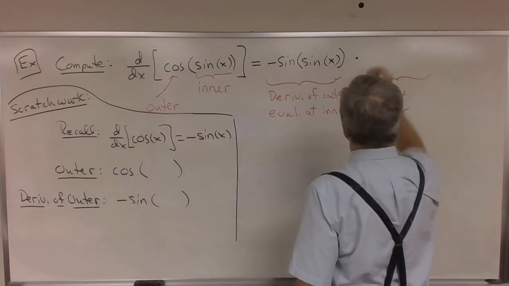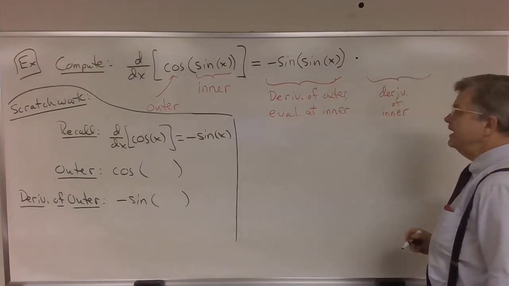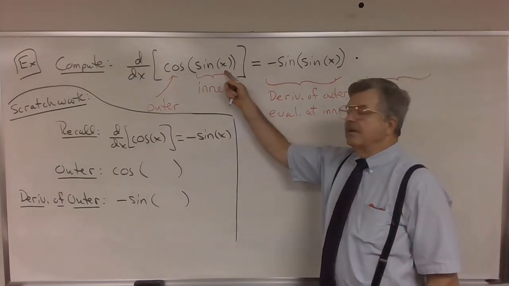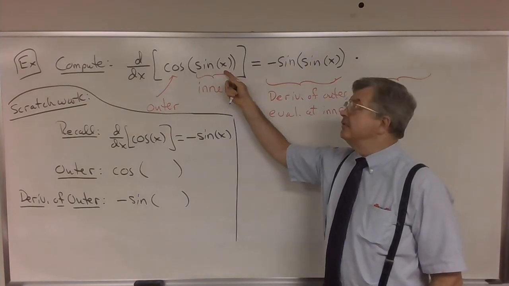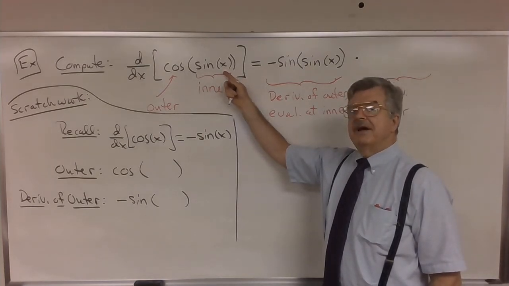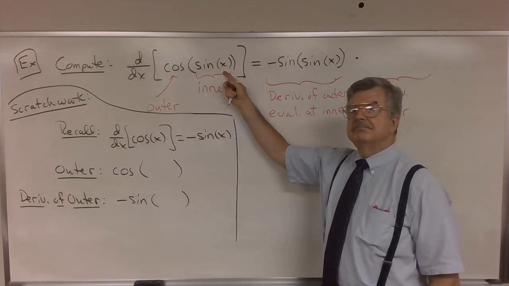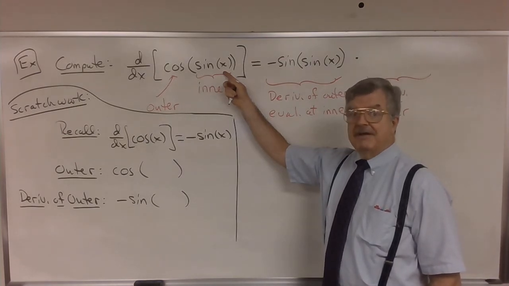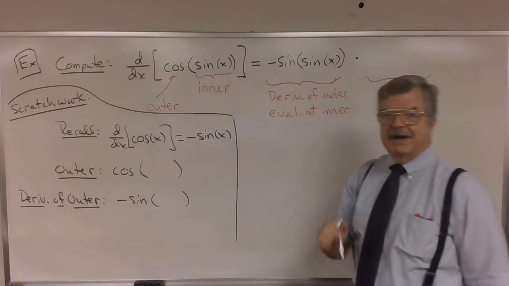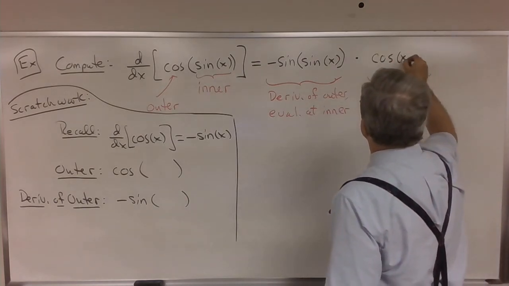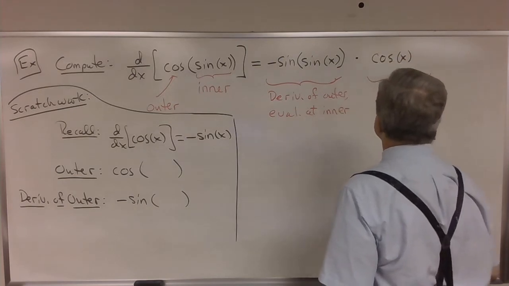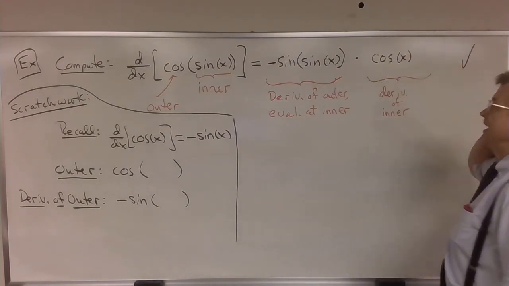And then we have times the derivative of the inner. Well, sine of x is the inner function, isn't it? So what's the derivative of sine of x? Cosine of x? Yep, you were right. Cosine of x. And there's our answer.